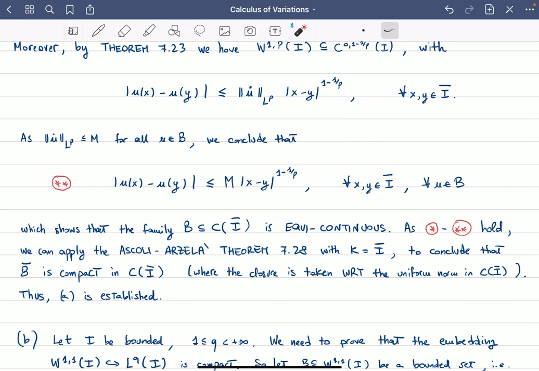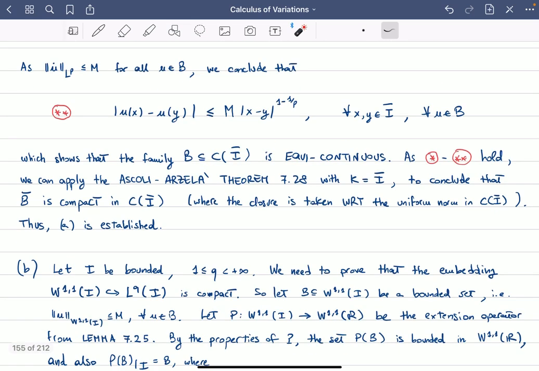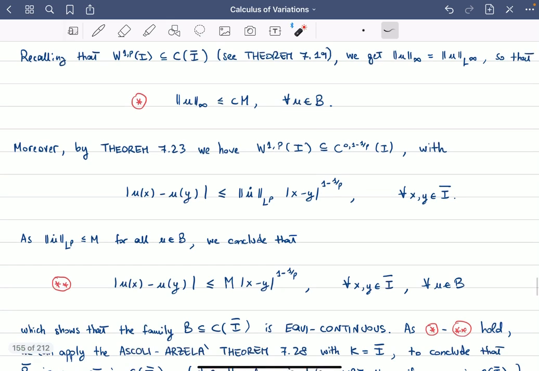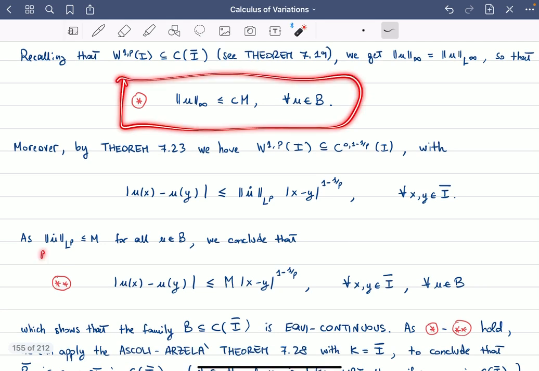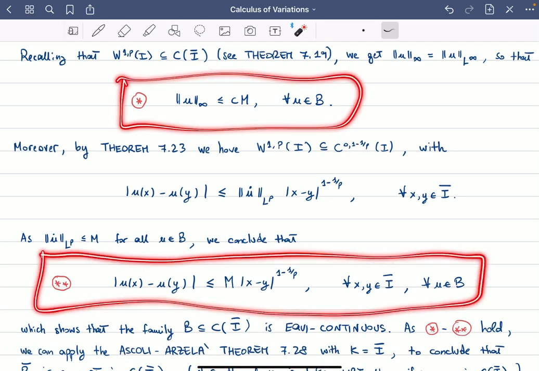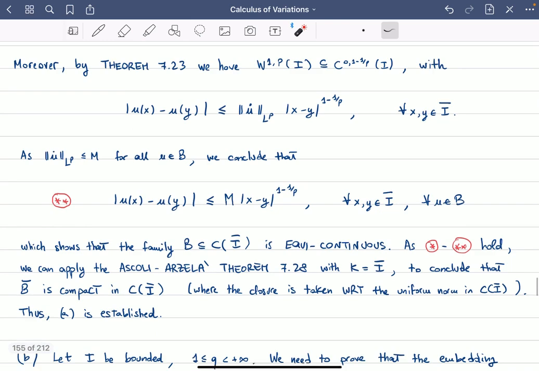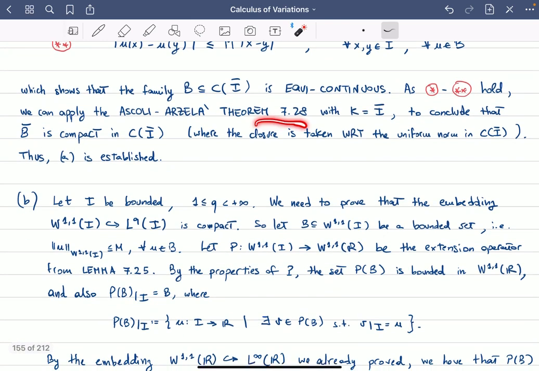Therefore, since star and double star hold, these two conditions, where the first one is telling you that the family is equibounded, and the second one is telling you that the family is equicontinuous, we can apply the Ascoli-Arzelà theorem 7.28 with the compact metric space given by the closure of I. That's why we are taking the closure here, by the way, because we want it to be compact.